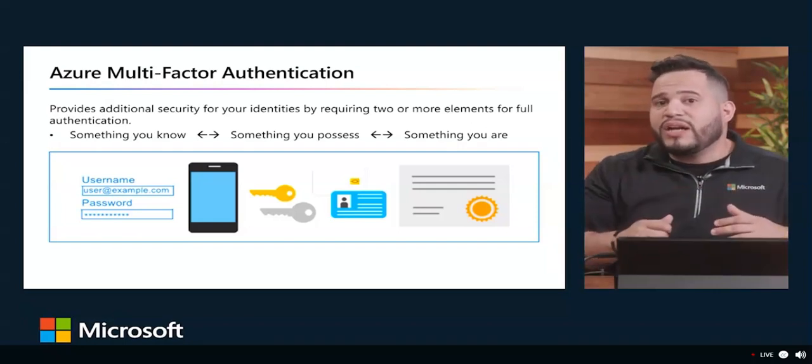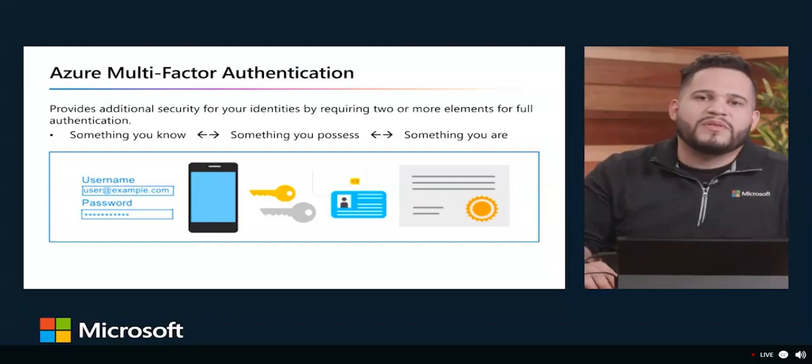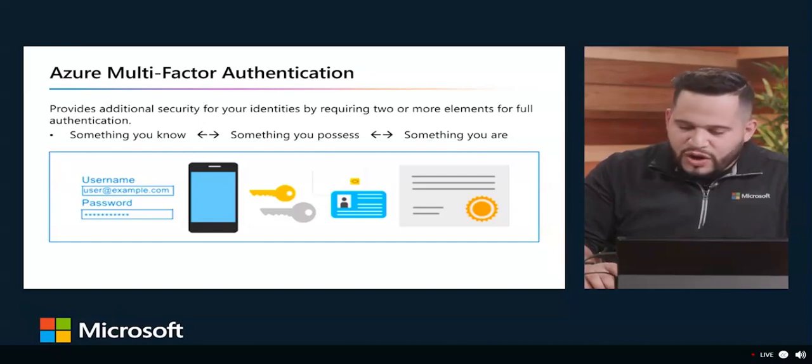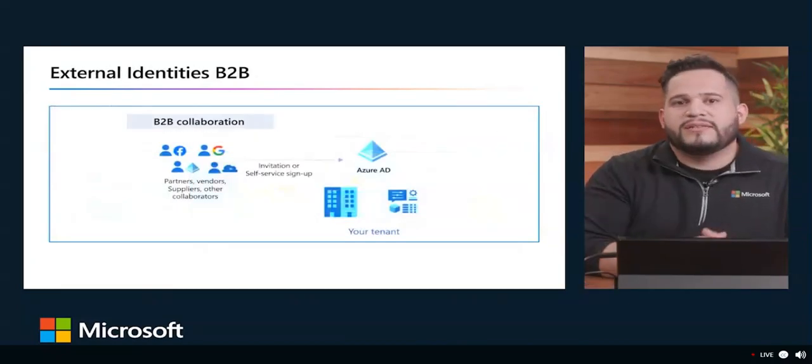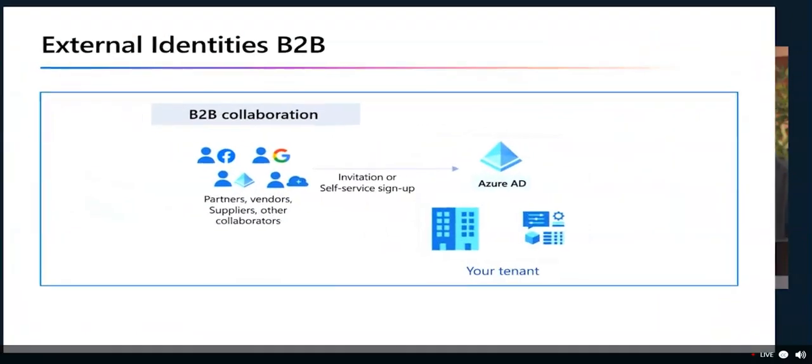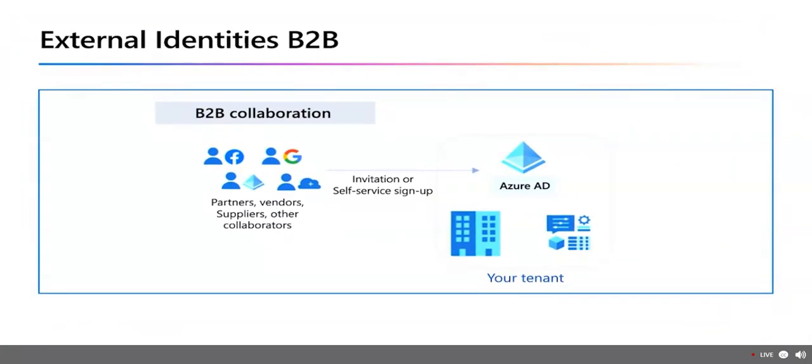And in Azure Active Directory, we have multiple types of identities. So let's start with the external identities. In Azure, we have those external identities. And Azure AD External Identities refers to all the ways that you can securely interact with users that are outside of your organization.